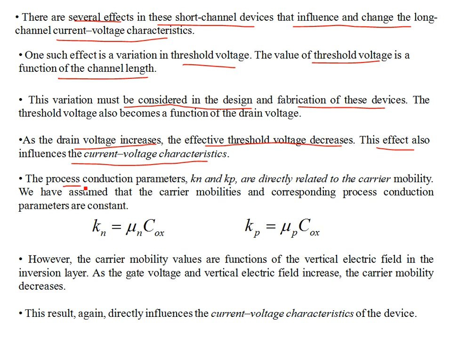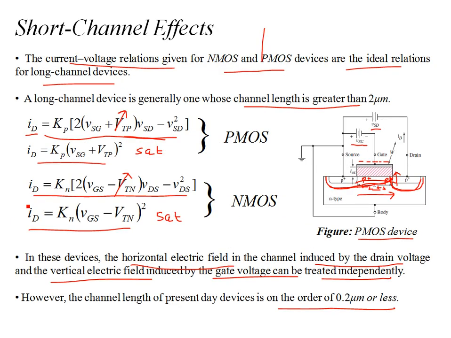So the process conduction parameters, similarly Kn and Kp, if you recall. Kn and Kp had the geometric parameters W by 2L, and then there were process conduction parameters for PMOS. This is the mobility of the holes, mu p, and then you have the oxide capacitance COX.